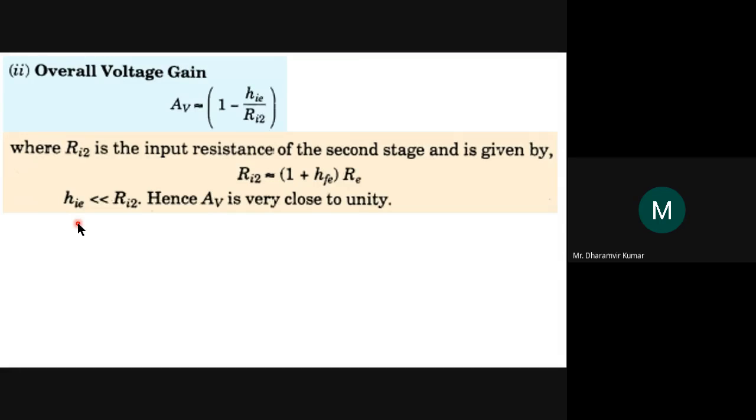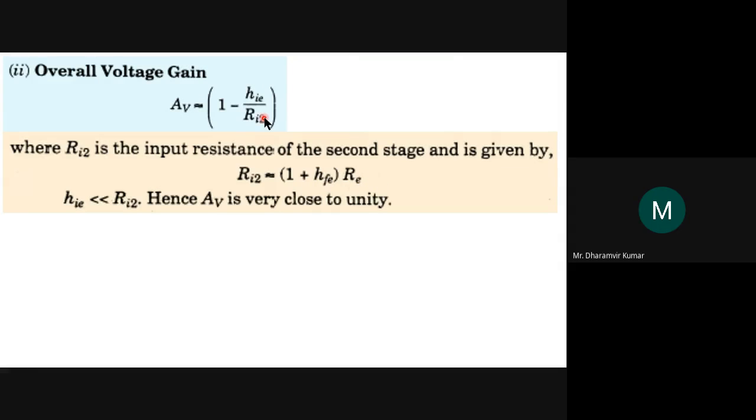Okay, so generally the value of Ri will be less as compared to Ri2. Look here, because this Ri2 is the multiplication of Re. Re is some few kilo ohms, and hfe, the beta, would be around 100, 150. So 10 to power 2 into 10 to power 3 becomes around 10 to power 5.